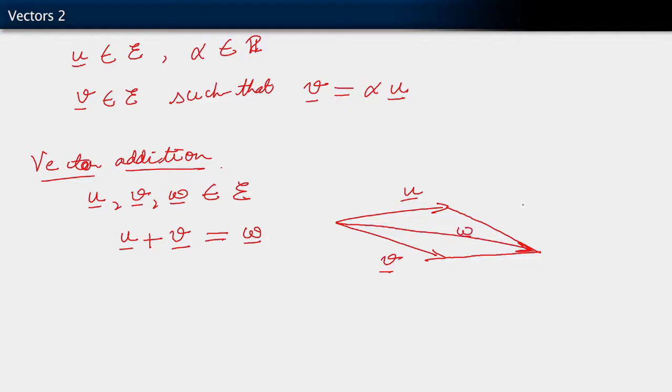Okay? And this is the parallelogram construction. That's what allows us geometrically to define what u plus v is. And in this case, it's w as drawn. Of course, there's another rule, right? The triangle rule, and they're essentially equivalent.